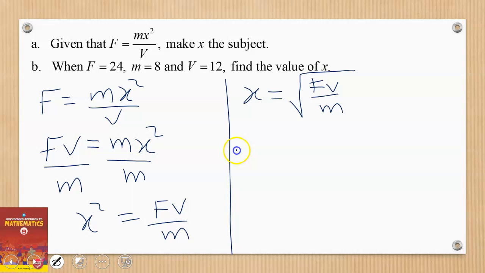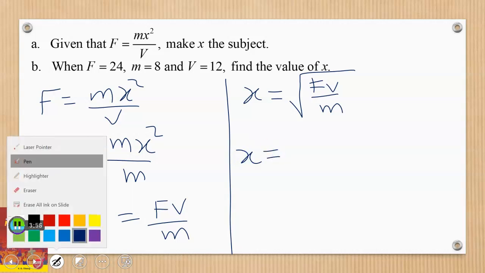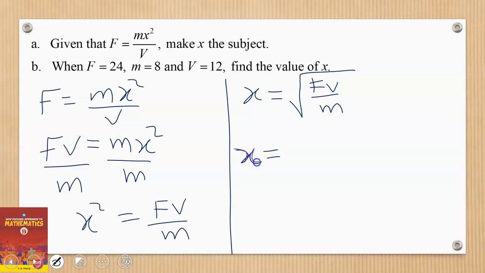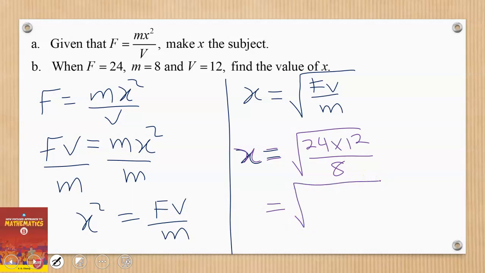Now, if the question has given you the value of f to be 24 times the value of v to be 12, all divided by m is 8, then we can simplify this. We know 8 can divide 24 easily, and so we can do that.